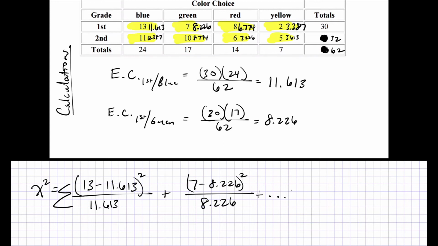Plus dot, dot, dot, and then the last one is observed yellow second graders, if I was to go in order. .613 squared over 3.613.